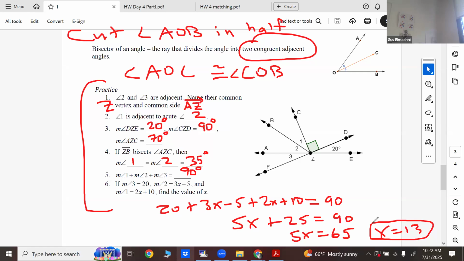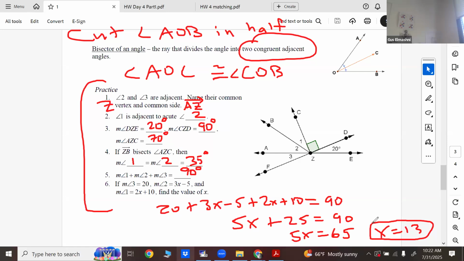So there's just angle AZC. Here's 80, so that's 20 and 90, right? So how much do you have left for AZC? It equals 70. Don't worry about that. They're both 70.